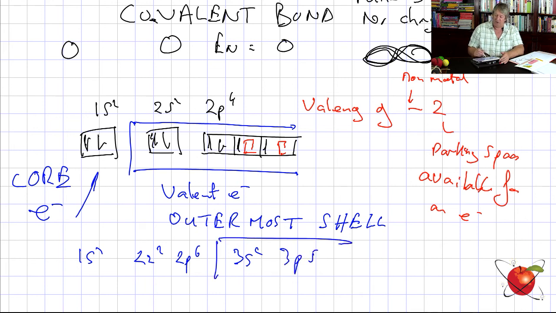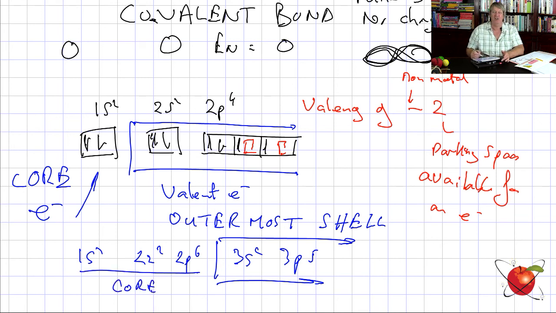These would be core, and these here would be the valency electrons, the valent electrons. Okay. Remember, the difference we're going to have between valency is that number of parking spaces if it's a nonmetal, or the number of electrons it is going to give away if it's a metal. It's a plus for a metal, a minus for a nonmetal.